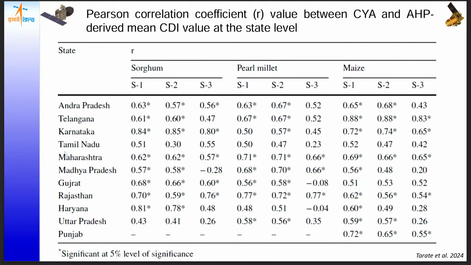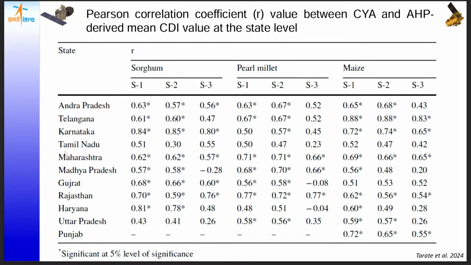So we considered only those areas in Andhra Pradesh, Telangana, Karnataka, Tamil Nadu, Maharashtra, Madhya Pradesh, Gujarat, Rajasthan, Haryana, Uttar Pradesh, and Punjab, where these crops are prominently cultivated, and these three crops are mostly in the class of low crop water requirement: sorghum, pearl millet, and maize.